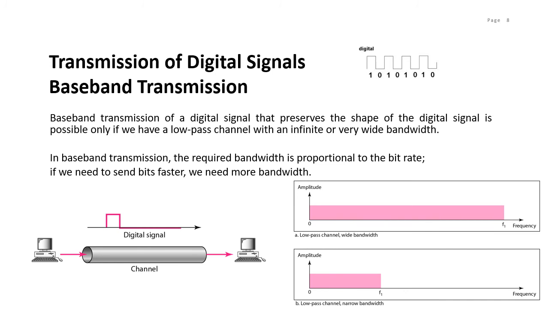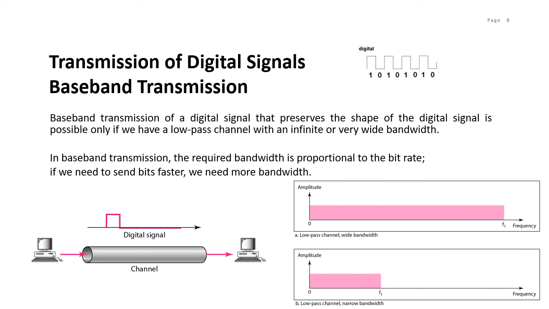The figure on the right shows two low pass channels, one with a wide bandwidth and the other with a narrow bandwidth. We need to remember that a low pass channel with infinite bandwidth is ideal, but we cannot have them in real life. But we can get as close as possible.